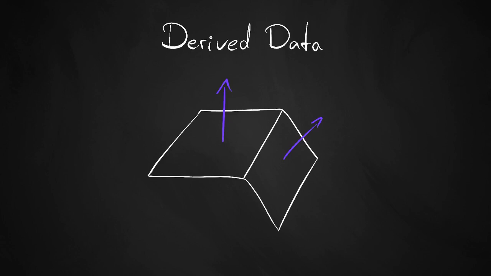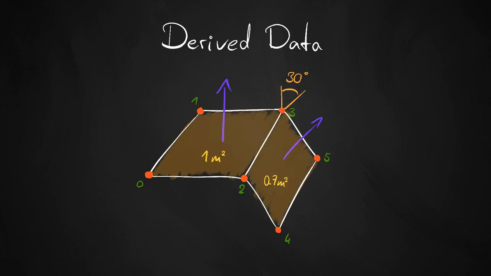In the case of the normal vector, it mainly depends on the position of the vertices, and so it can be calculated from that. Other examples of derived data would be, for example, the index of each element, which is just given by the order of elements in the spreadsheet editor, or other information about the geometry like the area of the faces or the angle of the edges.